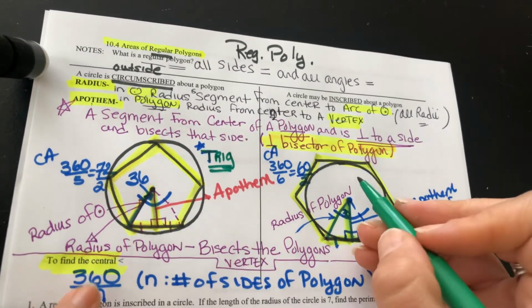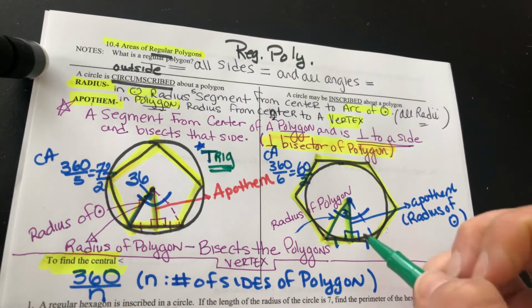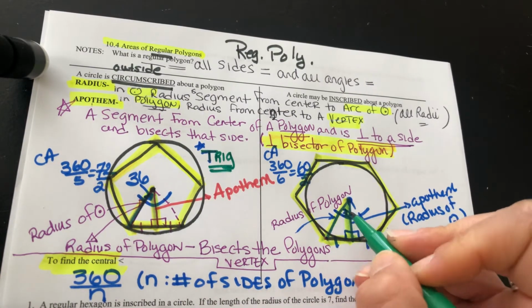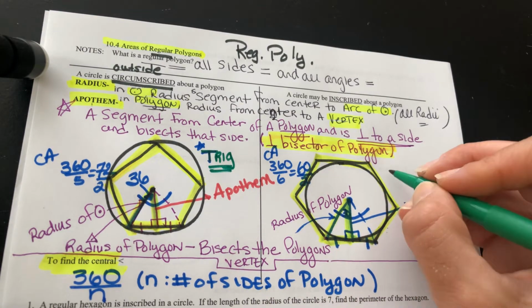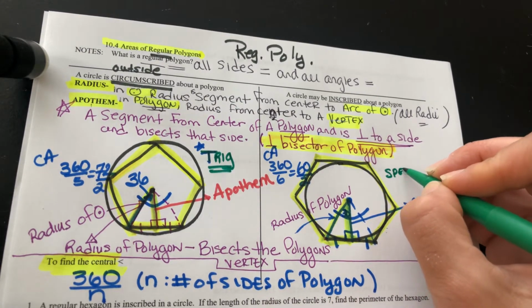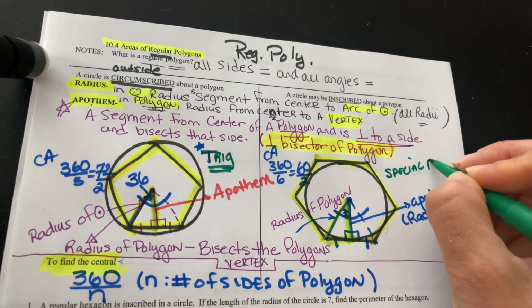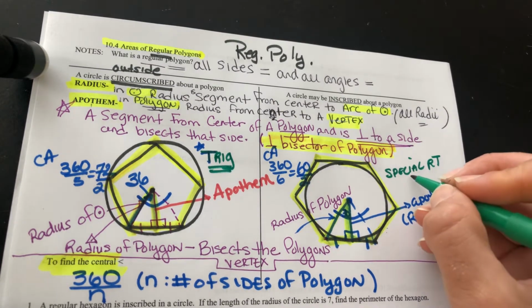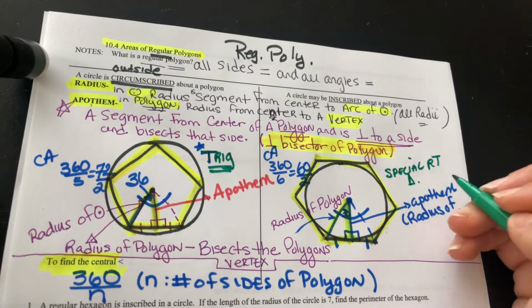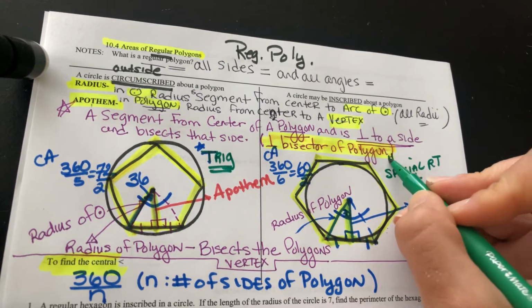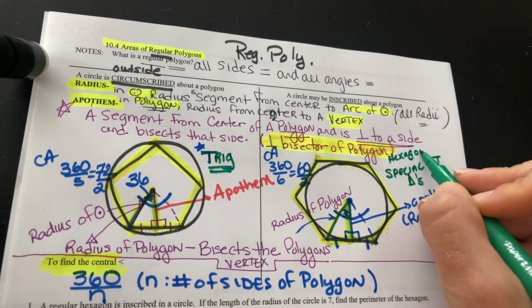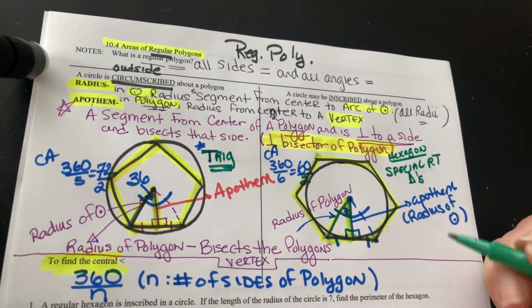In this one, you'd like me to do a hexagon, because when we do a hexagon you have a 30, 60, 90 triangle. If I give you a hexagon, to find your other pieces of information, you're going to work with your special right triangle, because I'm going to ask you for exact answers. There are other shapes where you can use special right triangles.